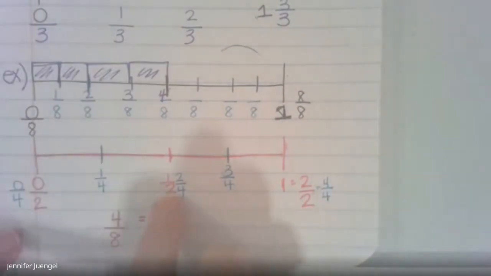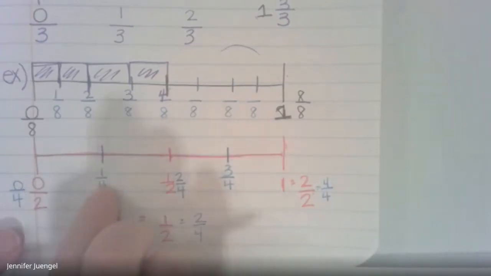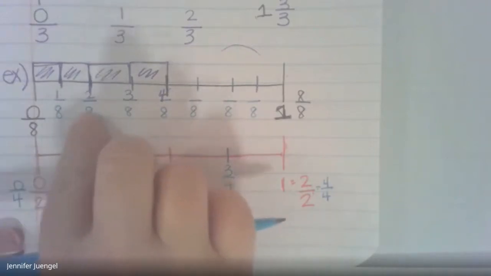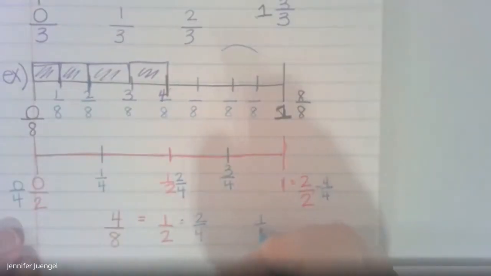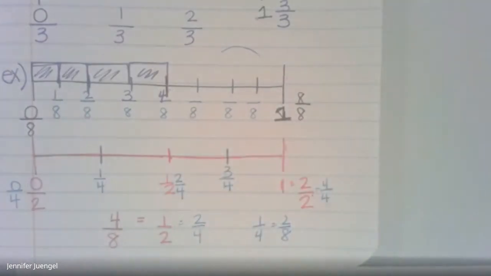We found that 1/2 is equivalent to 2/4. We found that 2/4 is equivalent to 4/8. We found that 1/4 is equivalent to 2/8. Wow. We're finding so much equivalence just by using that number line tool.